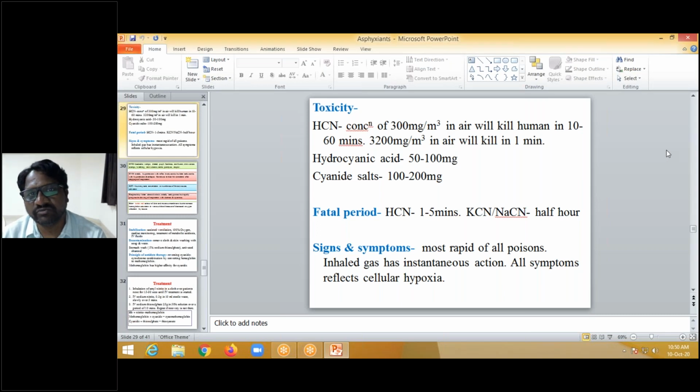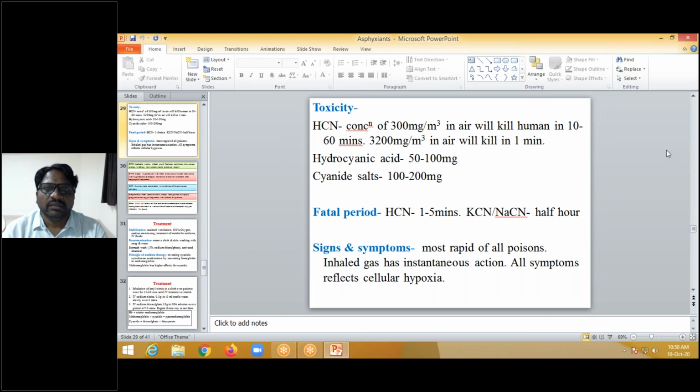So spontaneous death will occur, depending upon the concentration of the hydrocyanic acid. Hydrocyanic acid at 50 to 100 mg is the fatal dose, and cyanide salts at 100 to 200 mg are very toxic to the human body.